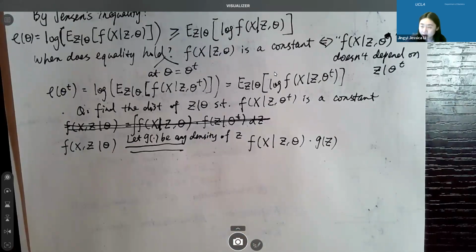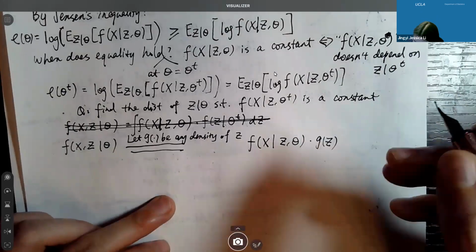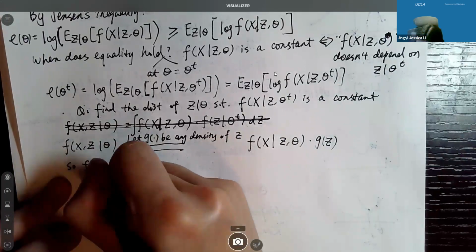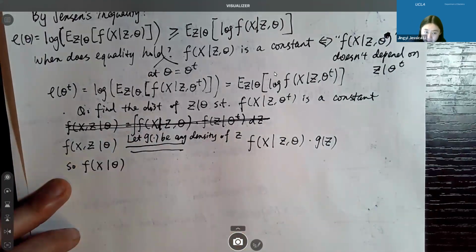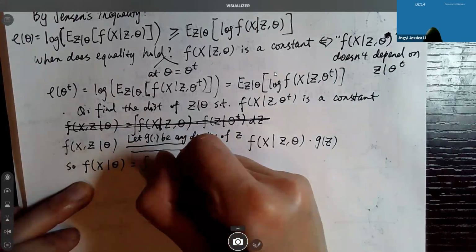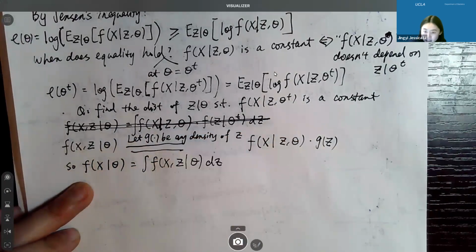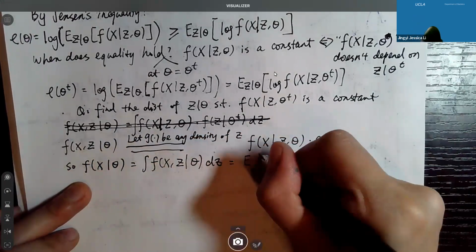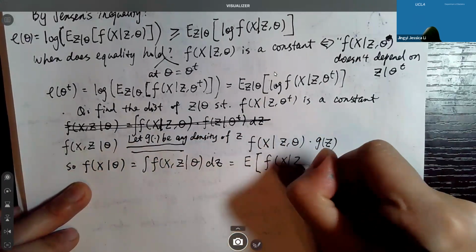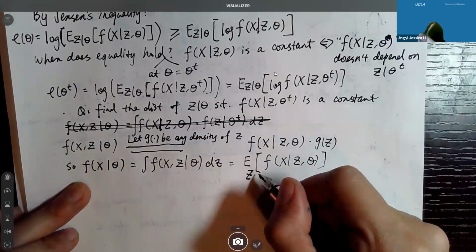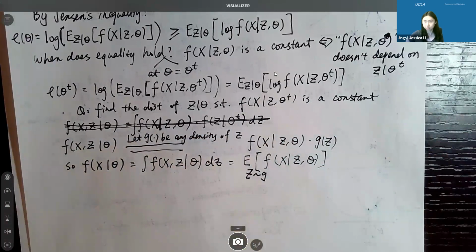So I'm just factoring this as a conditional density and some marginal density. Therefore, if I want to get the density of x alone, I can always do the integration, and then I can always say that it's the expectation of f x given z theta for any distribution of z. And here z follows g.